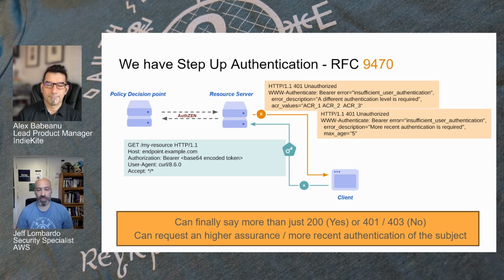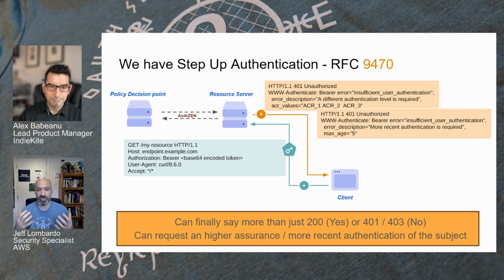So if we take a step back onto what the resource provider can do today, what we can see is that there is already an RFC that has been proposed by the late Vittorio Bertocci, which is RFC 9470, which can allow us to request a higher level of authentication or a more recent authentication of the subject when the access tokens are issued by the authorization server.